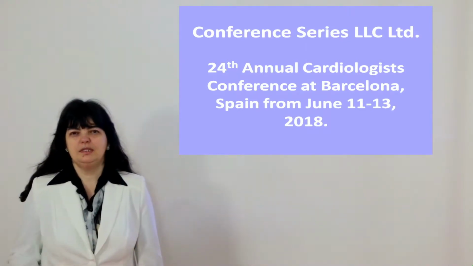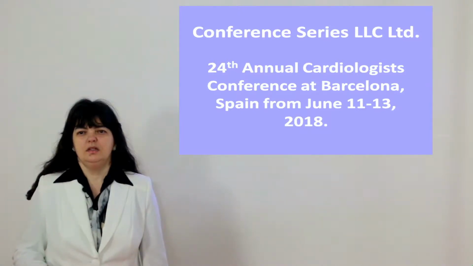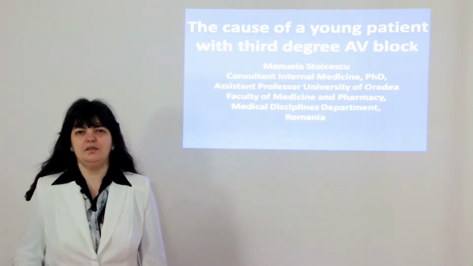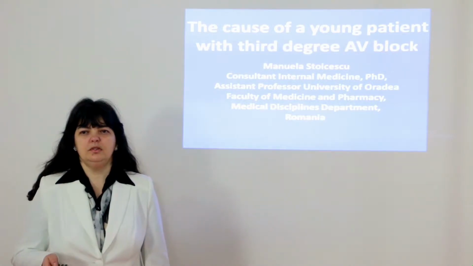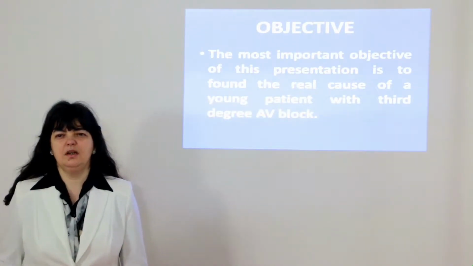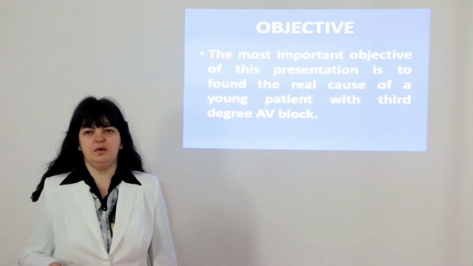Now, I will present my original topic for you: the cause of a young patient with third-degree AV block. The most important objective of this presentation is to find the real cause of a young patient with third-degree AV block.